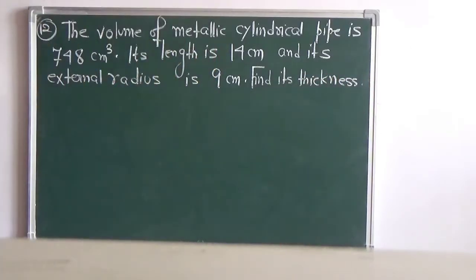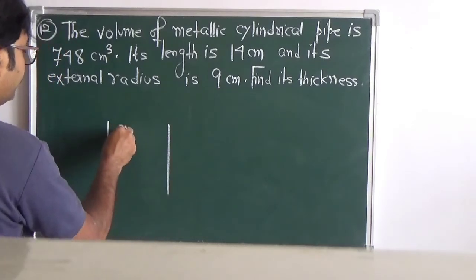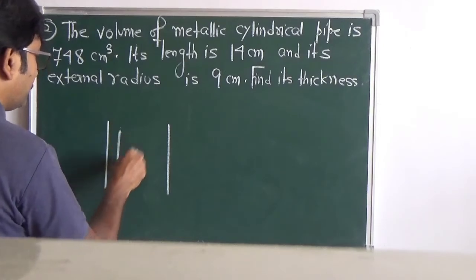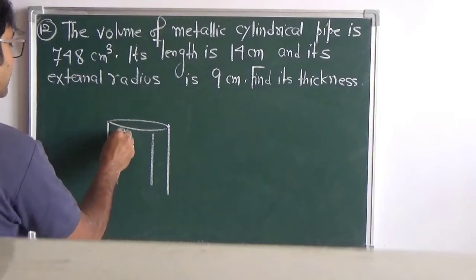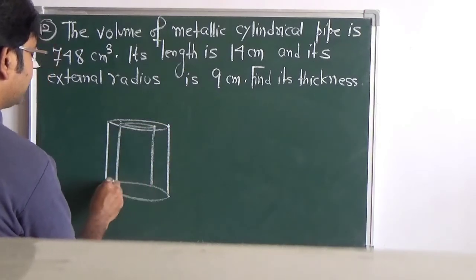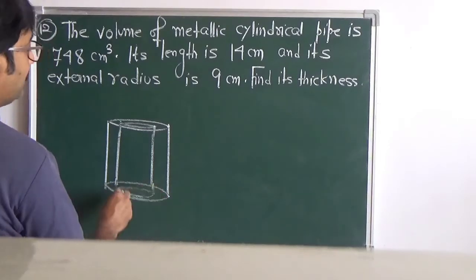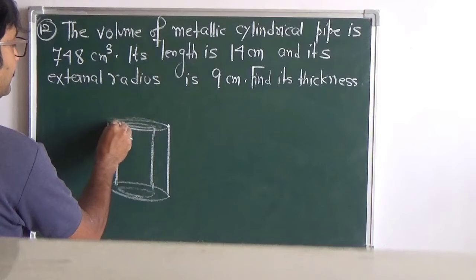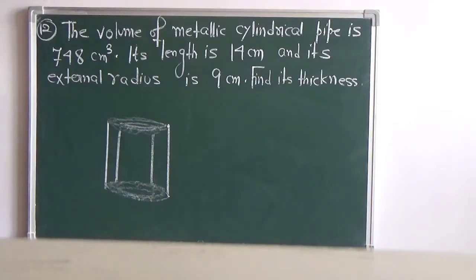Now the volume of the metallic cylindrical pipe. So this is the shape of this pipe. This is actually like a hollow cylinder. So we need to find the thickness.